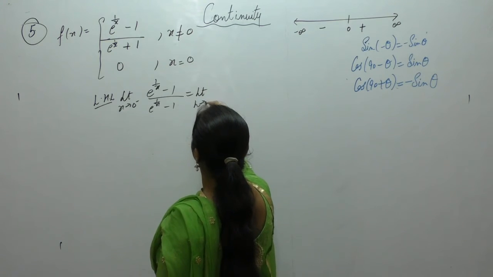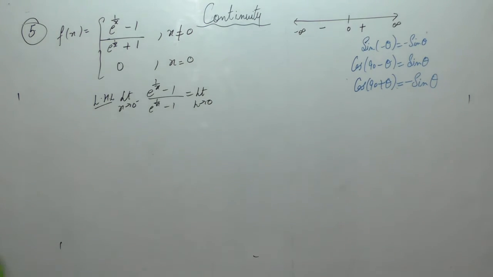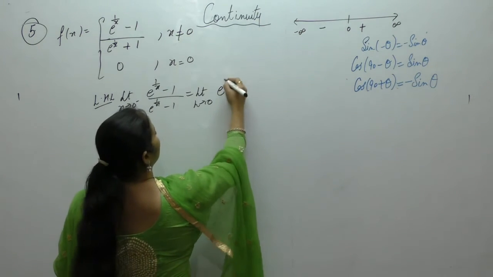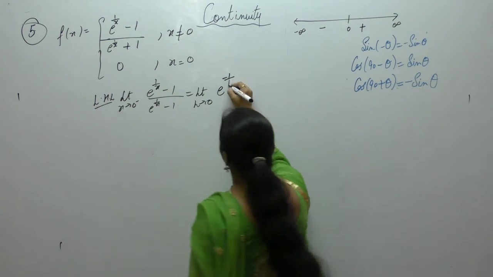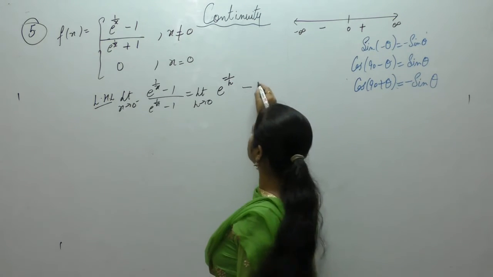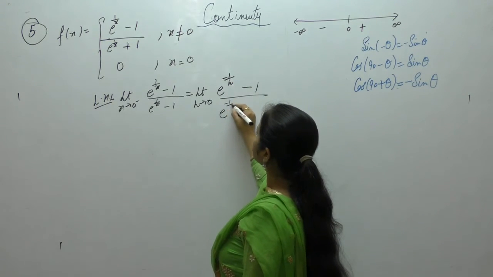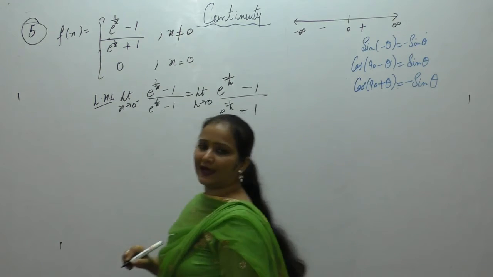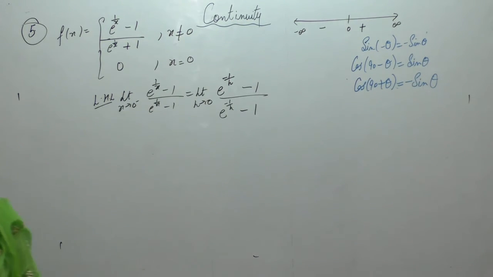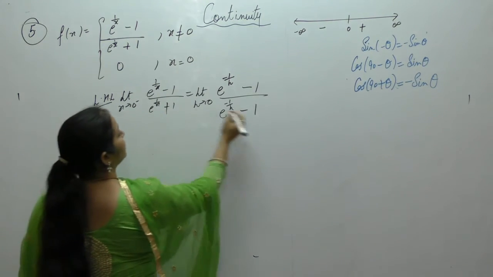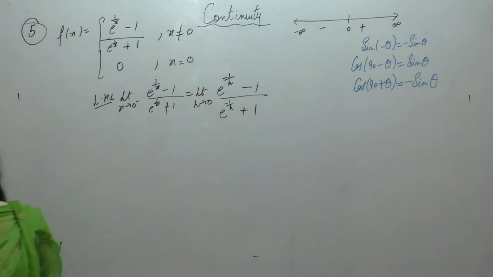Limit h tends to 0, e power instead of x 0 minus h, instead of x 0 minus h. In the denominator we have plus sign here.